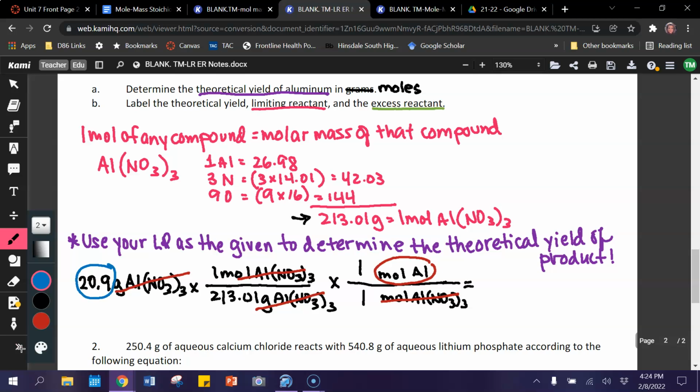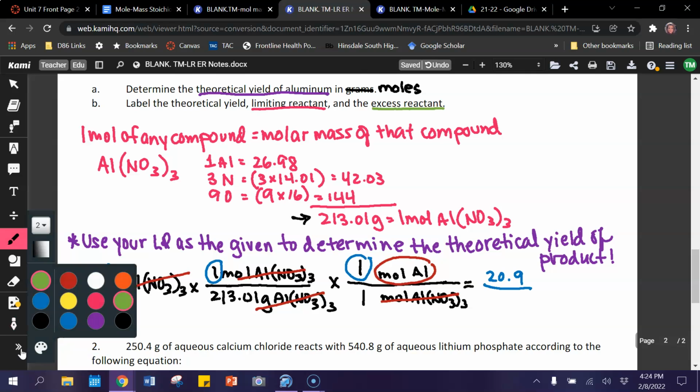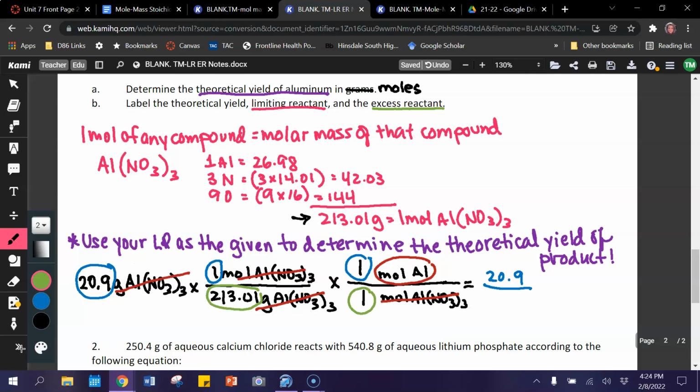So I'm going to multiply 20.9 times 1 times 1, and guess what? That is simply 20.9. And I'm going to multiply across the bottom. I'm going to circle these numbers in green. 213 times 1, and that's what I have on the bottom.